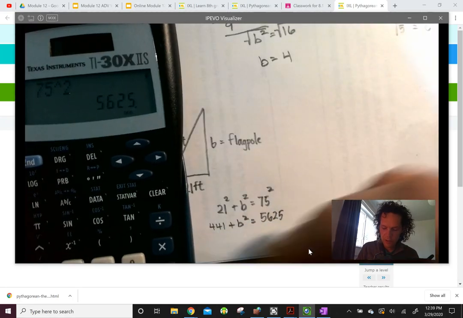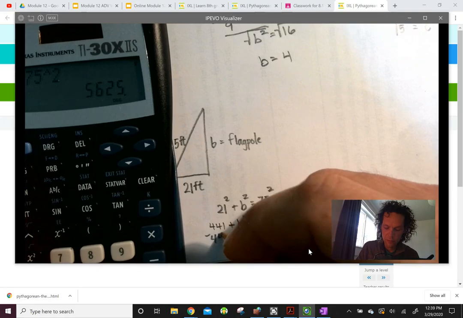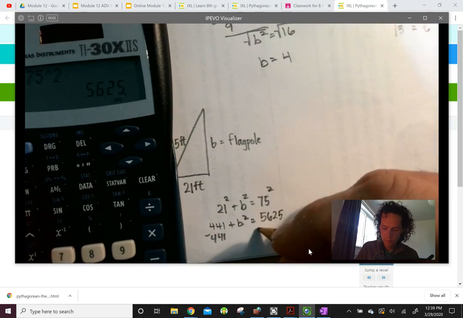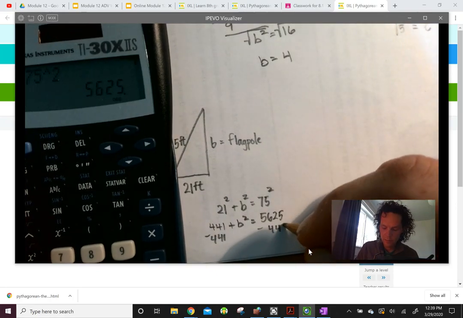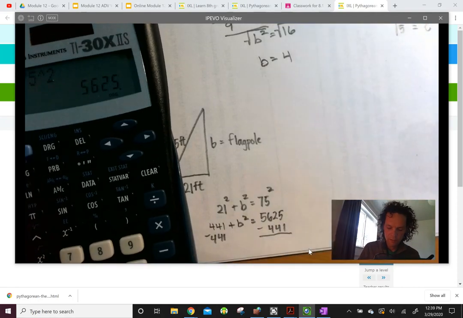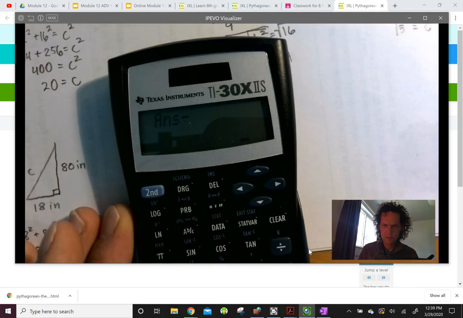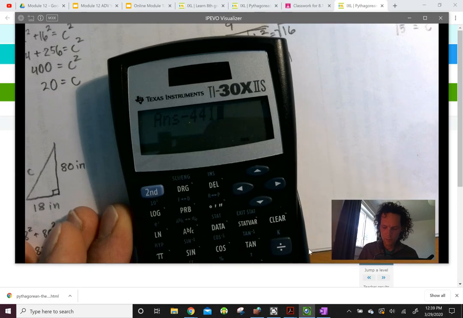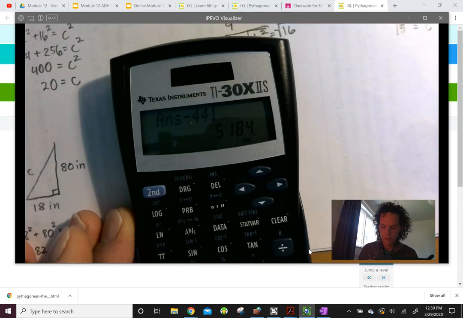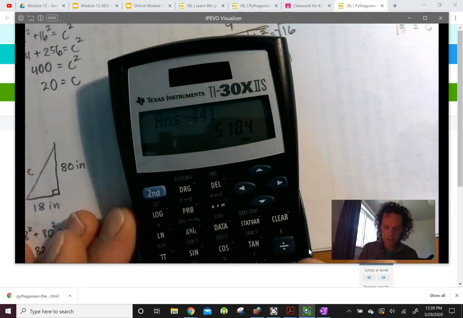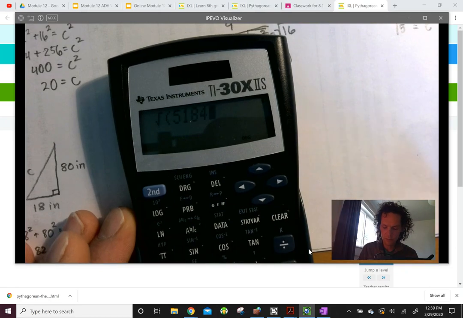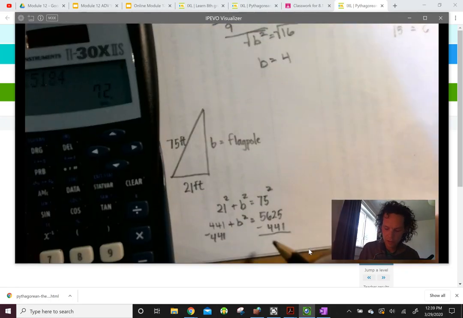5,625. So I'm going to subtract that 441 from both sides. And I find, let's see, 5,184. The square root of 5,184 is 72.